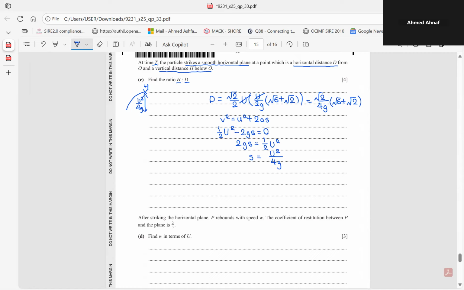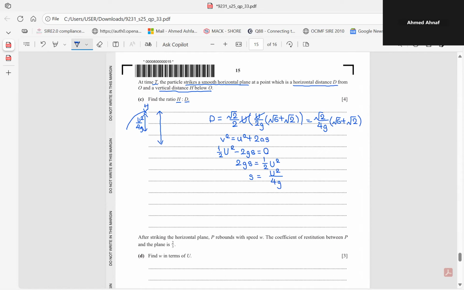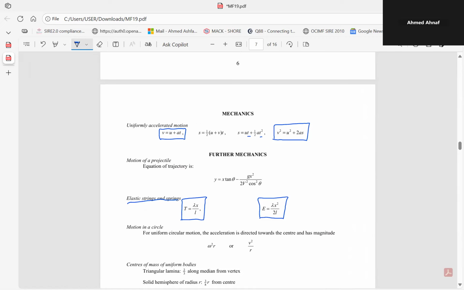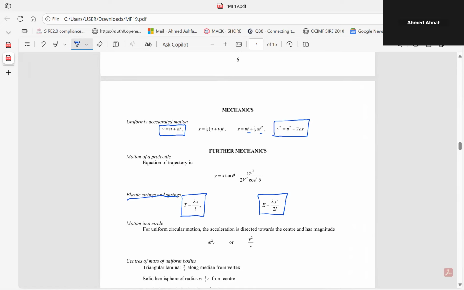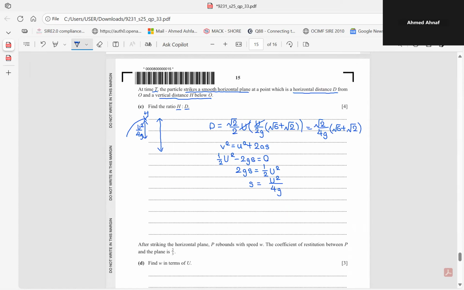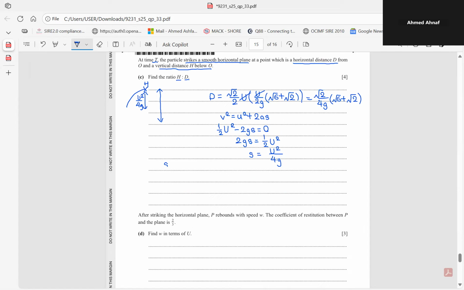All right, and now we're going to find the height that they traveled downward. So for that, let's see which formula is the best. Okay, since we know the time and we know the initial velocity, we're going to use s equals ut plus half at squared.